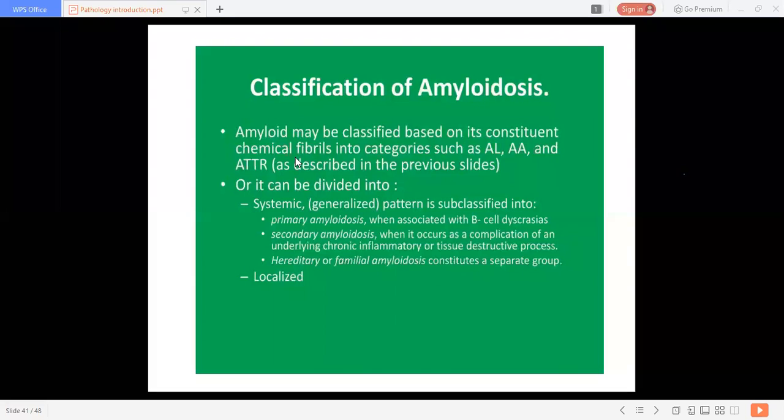So these are the examples of endocrine associated amyloidosis. Some endocrine tumors are associated with the deposits.